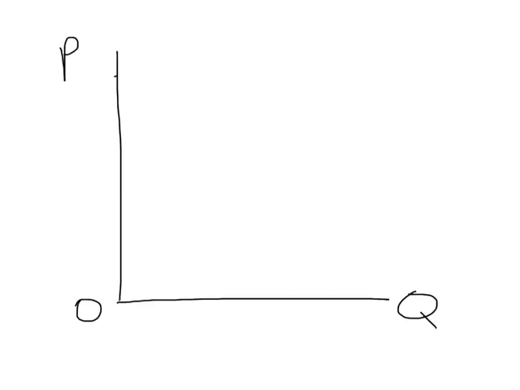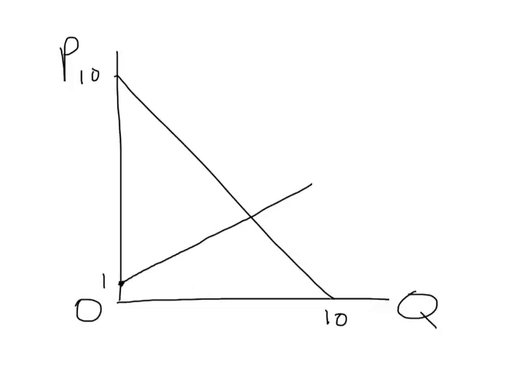So the way we draw that demand curve, P equals 10 minus Q, we've got a vertical intercept of 10, actually a horizontal intercept of 10 as well. The marginal cost starts at 1 and then is upward sloping. And that's our marginal cost function. The marginal revenue function is twice as steep.